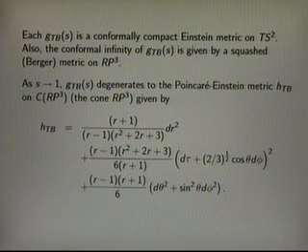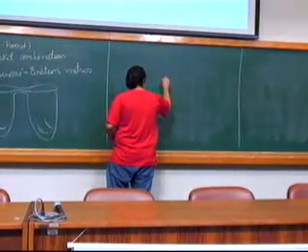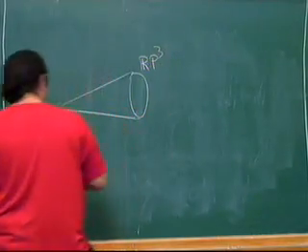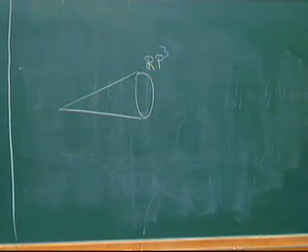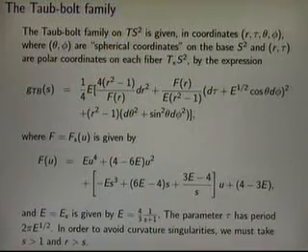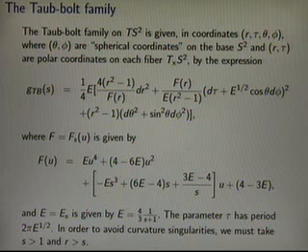You have a huge cancellation, and you get this orbifold metric here, and the orbifold is the cone RP3. Geometrically, what has happened is that the base of the bundle is being crushed.